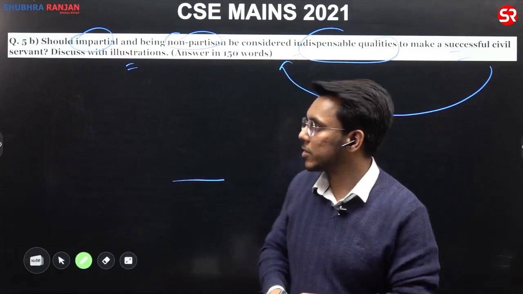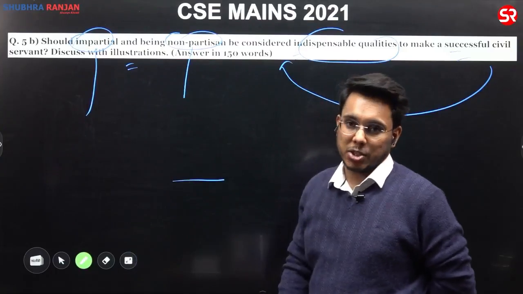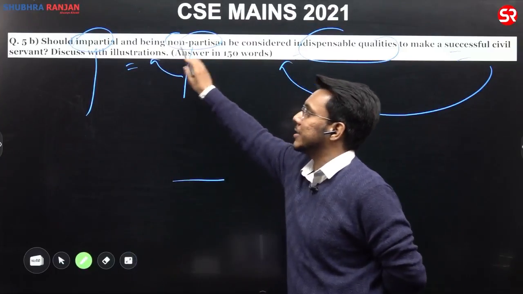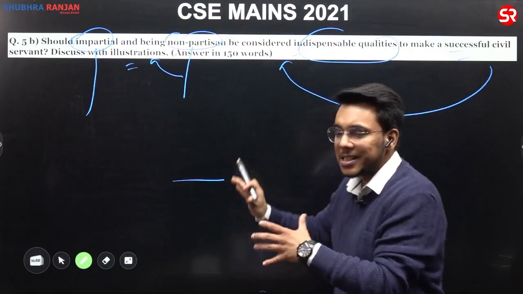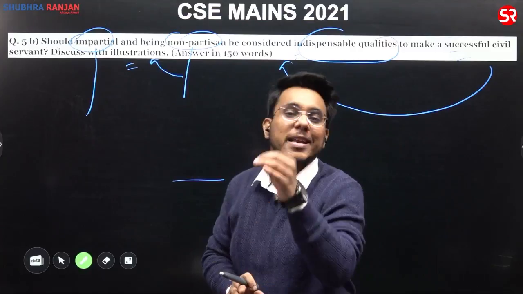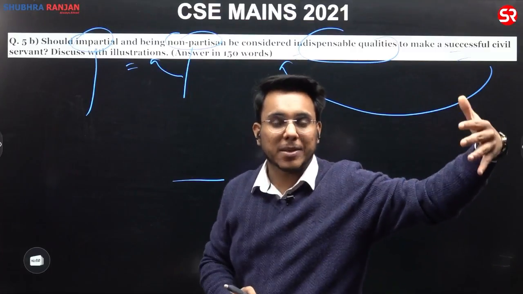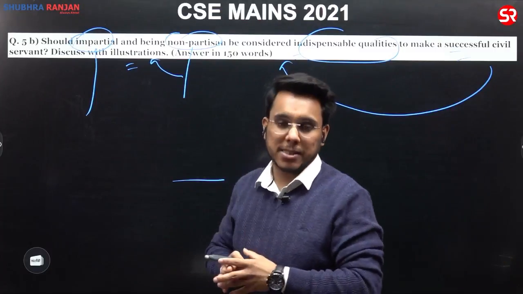Now, what can you do? First, we can define impartiality and non-partisanship, and then give certain illustrations of why they are indispensable. Giving illustrations is the justification of why they are indispensable. So, it is some sort of argument, where you tell from different perspectives why it is indispensable.